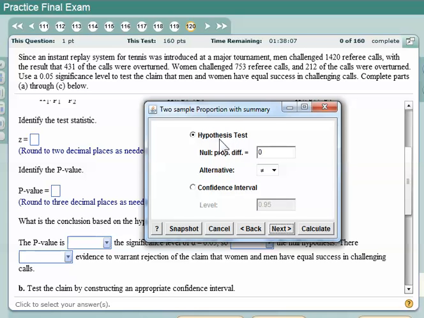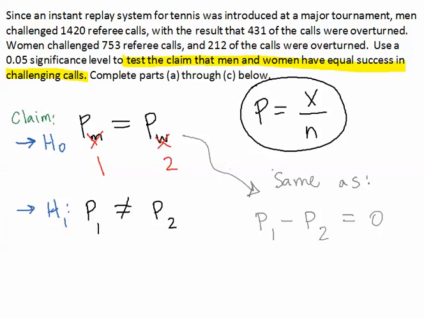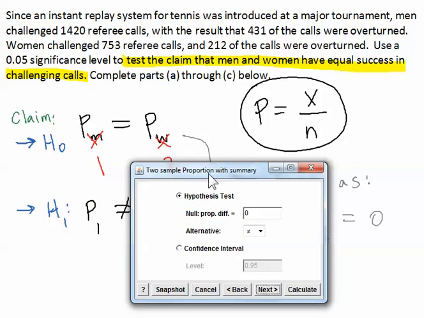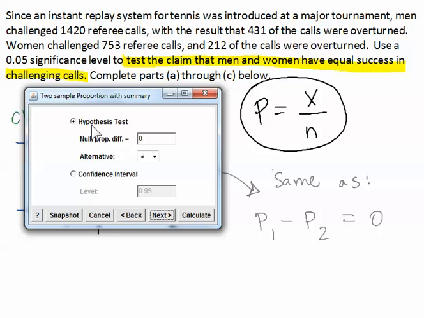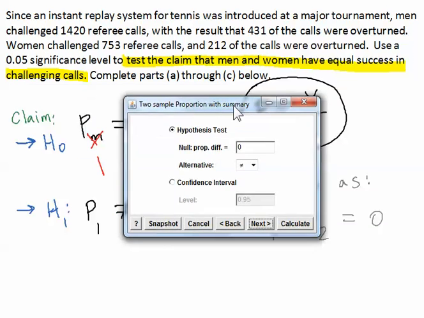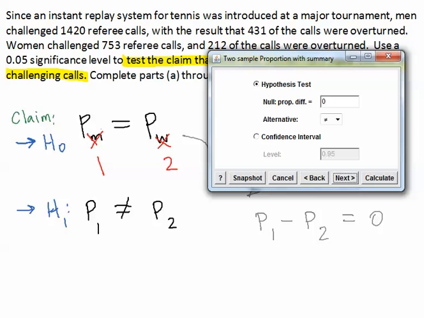Here's my hypothesis test. Now, this actually applies to what I said just a second ago about being able to alternatively think about these. It says that it's a hypothesis test, and your null is that the proportion difference is 0, right? And that is what we were saying. We stated that the proportions were equal, but to say that the proportions are equal is the same thing as saying that their proportion difference is 0.